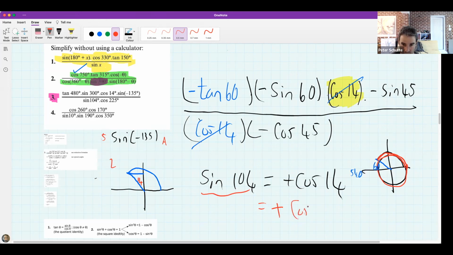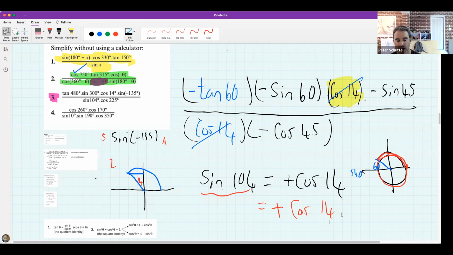It's cos. And how far away is 104 from the nearest vertical? It's 14 degrees away. So the process for reduction formula when using co-ratios is you go, where is the nearest vertical? And you use that in the same way that in normal reduction formula, you use the horizontal.